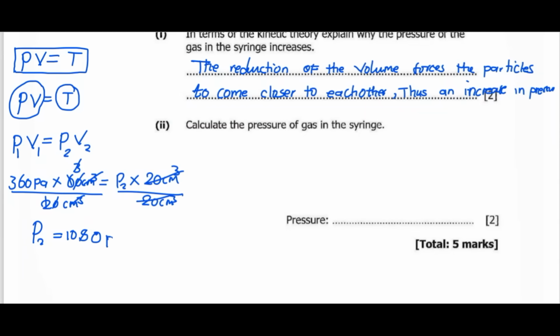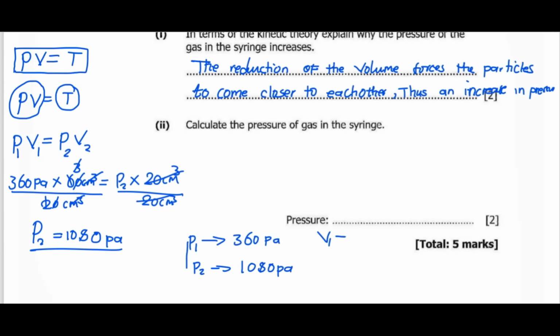So this is our new pressure, and it's making sense. Pressure 1 is 360 Pascal, and pressure 2 is 1080 Pascal. So you can see that the pressure increased.